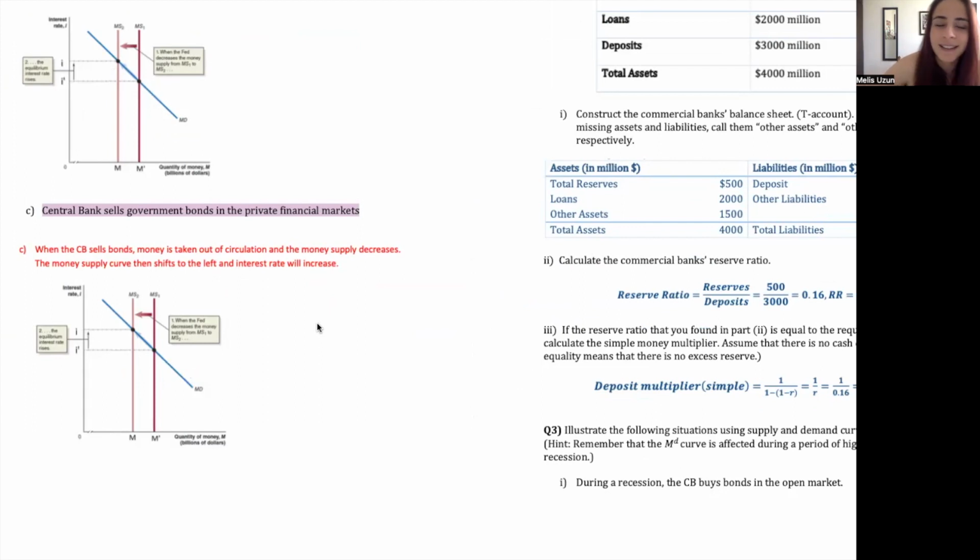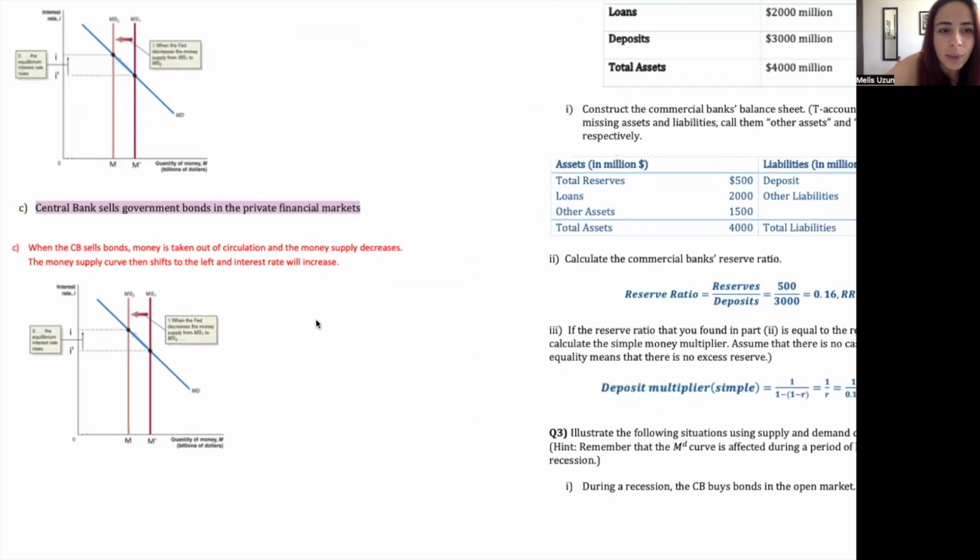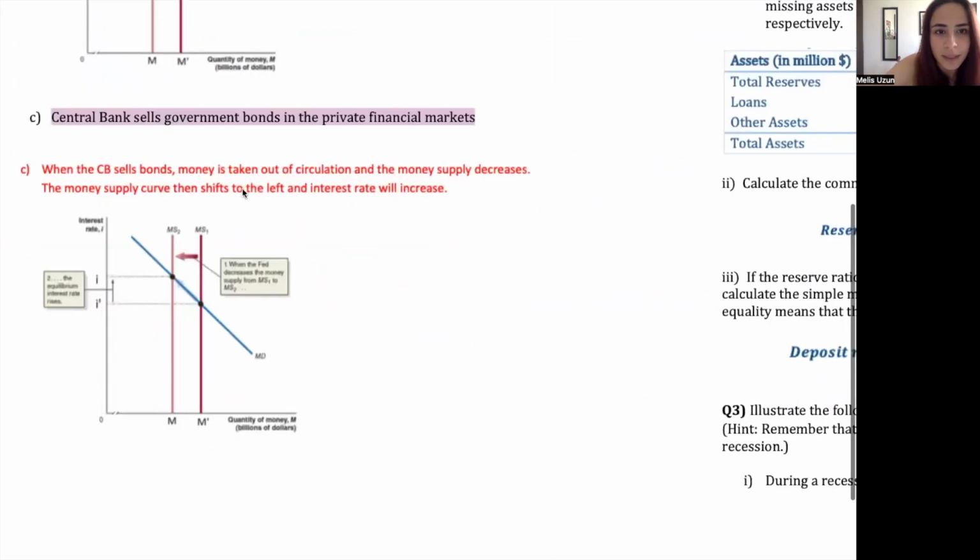So the money supply curve again will shift to the left like this, and again we have the same money demand curve. Our new point is here. Interest rate increases, the quantity of money decreases.